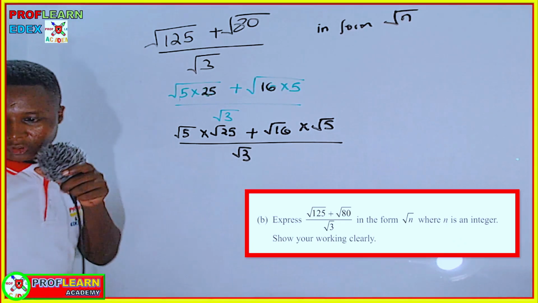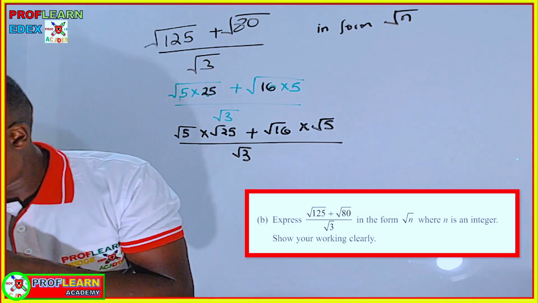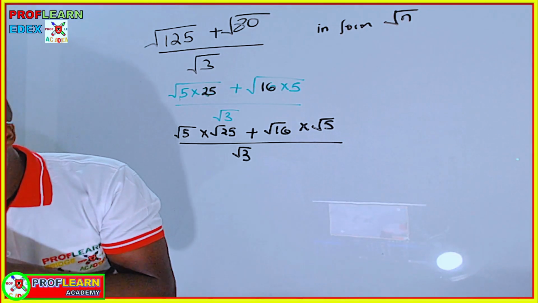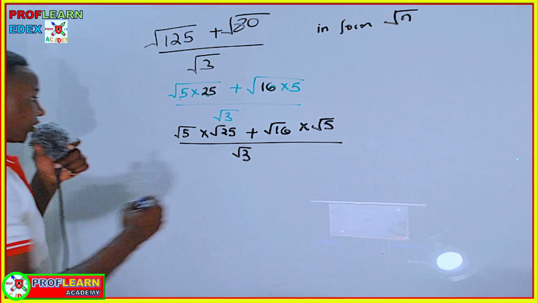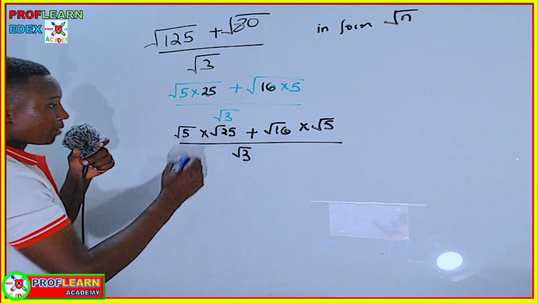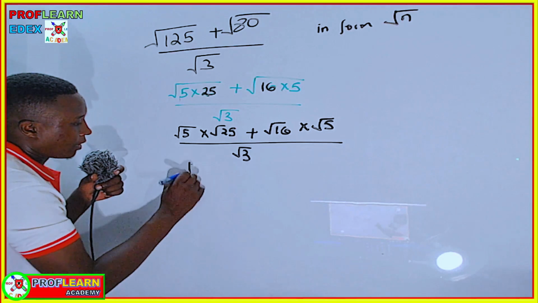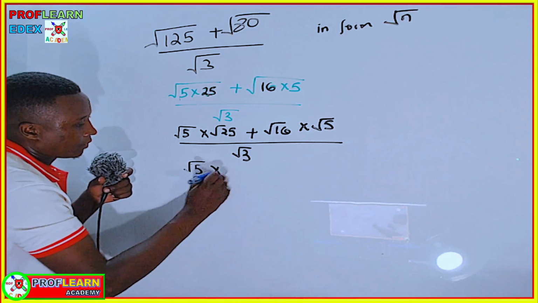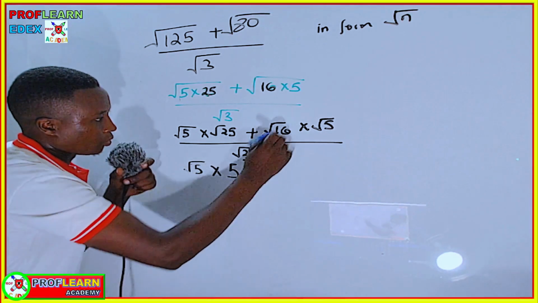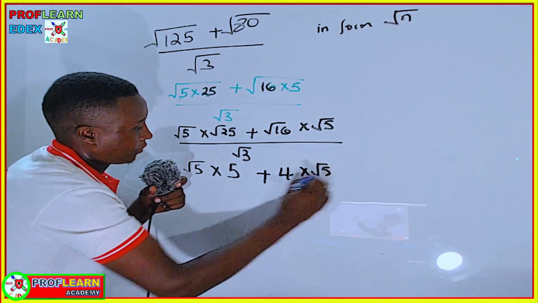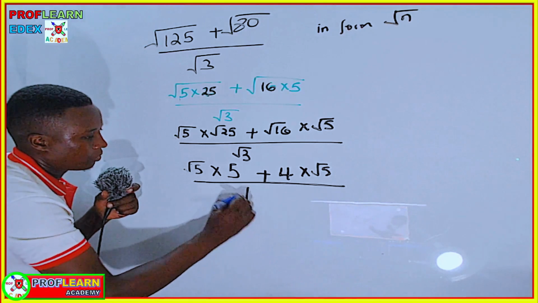Let me move this writing so that we have enough space to work on this question. Root 25 is actually 5, so this is root 5 times 5, plus root 16 is 4 times root 5, all over root 3.